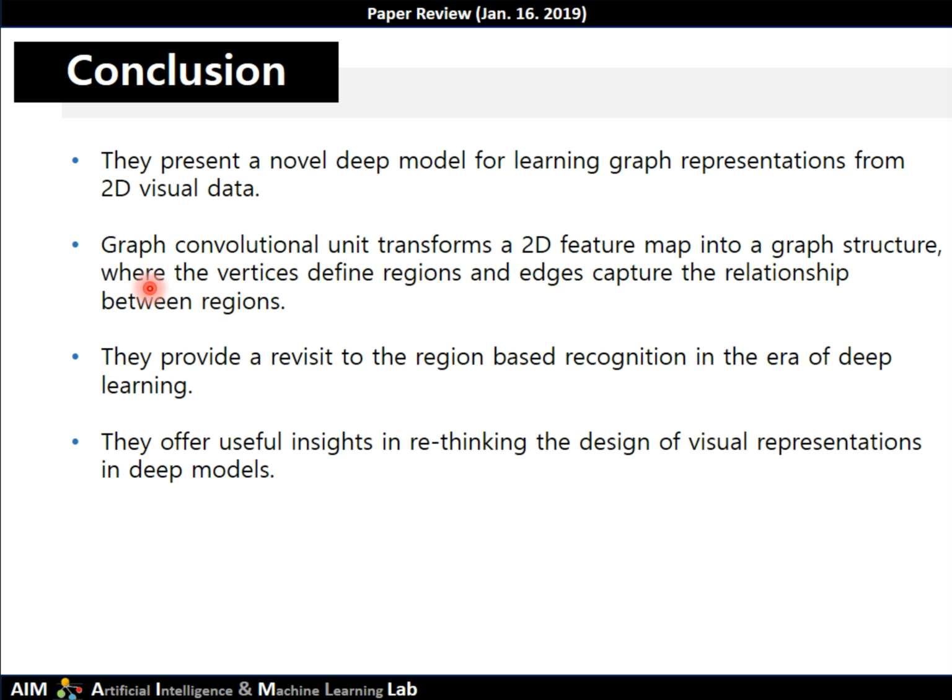This graph structure has vertices defined in regions and edges capturing the relationship between regions. They also provide a revisit to region-based recognition in the era of deep learning, and they offer useful insights in rethinking the design of visual representations in deep models.